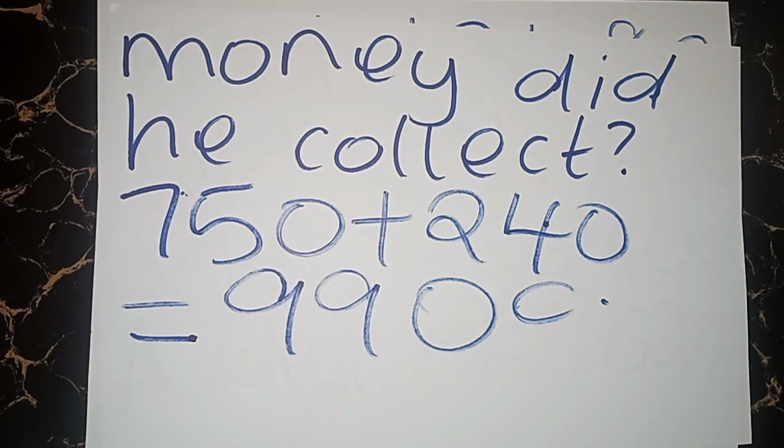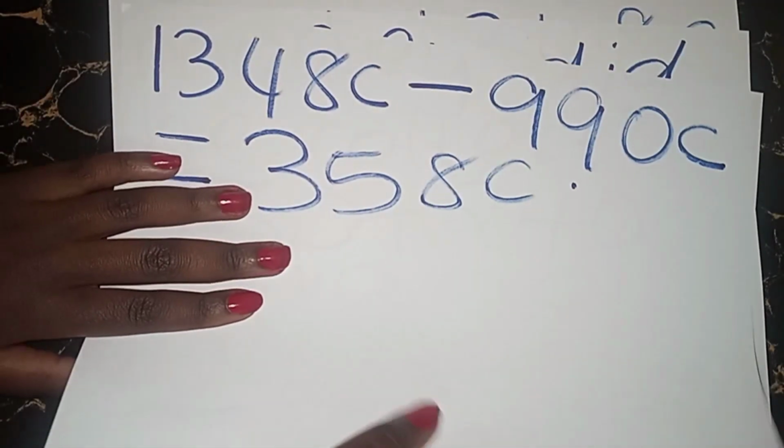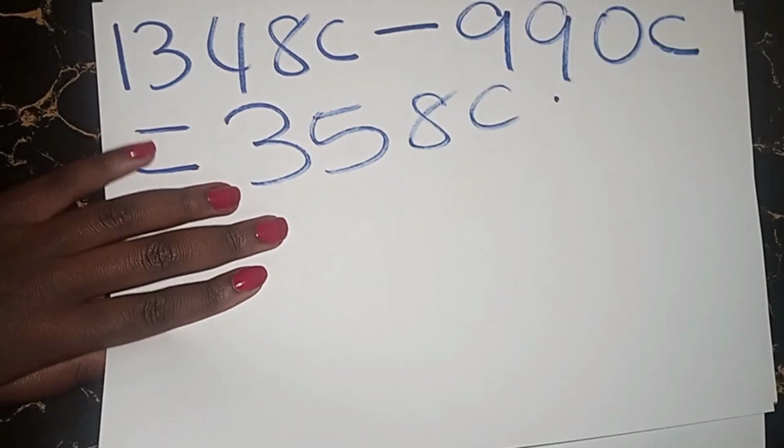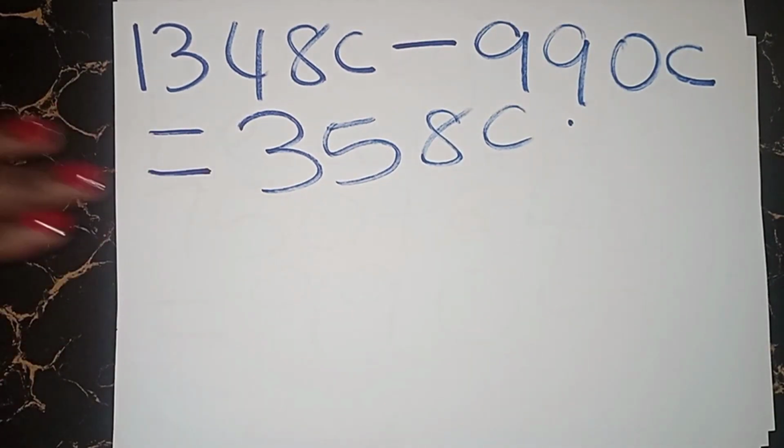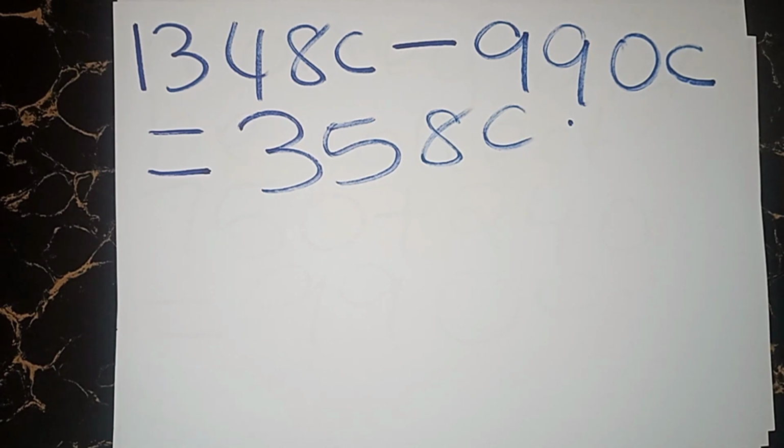So when we remove the number of cabbages he sold from the ones he had initially, we'll get the number of cabbages he had at the end of the second day. So at the end of the second day, when you subtract this minus this, you get 358 cabbages.